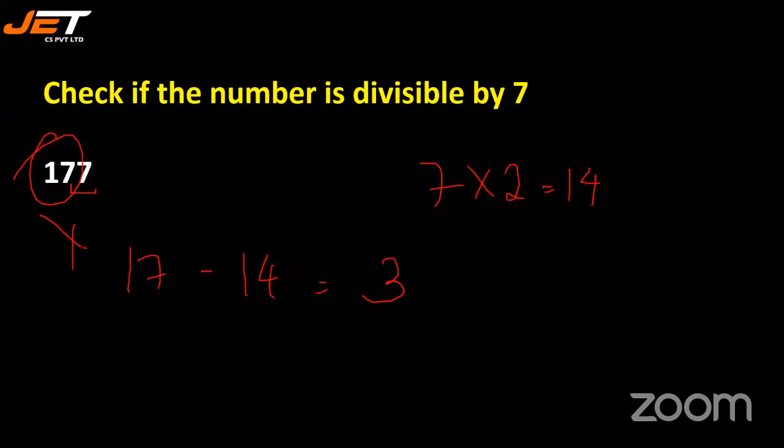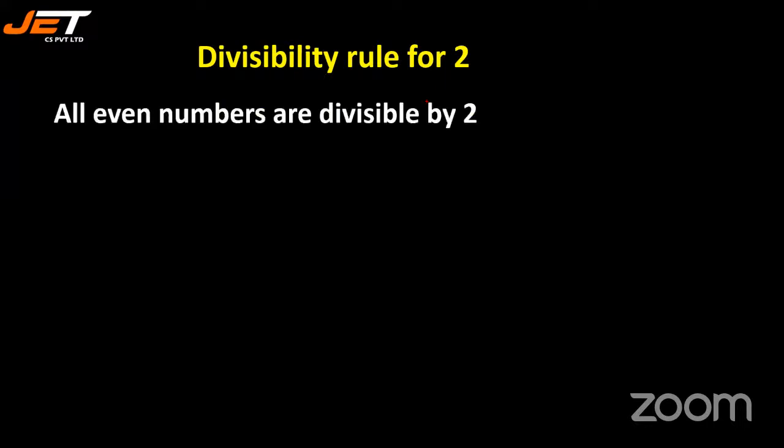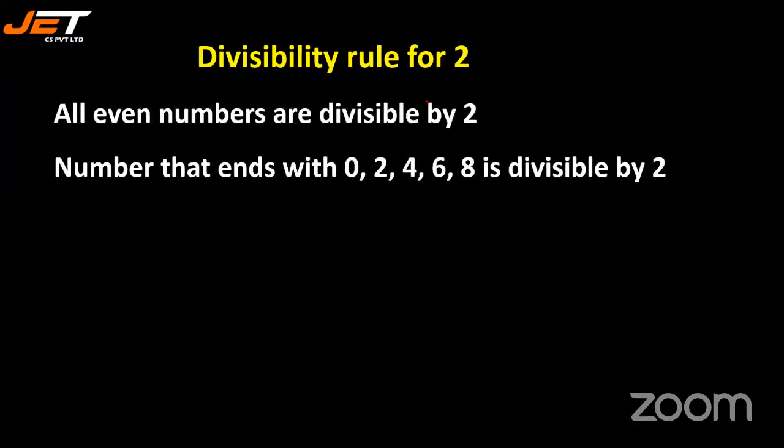Now, children, let's quickly revise what all we have done today. First is the divisibility rule of 2. We have seen that if a number is ending with 2, 4, 6, 8, 0, that means even numbers, then the entire number is divisible by 2. You have to see the ones place.